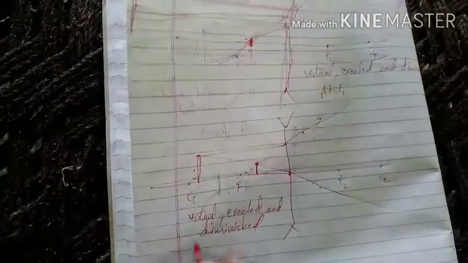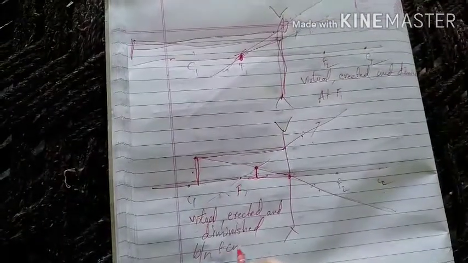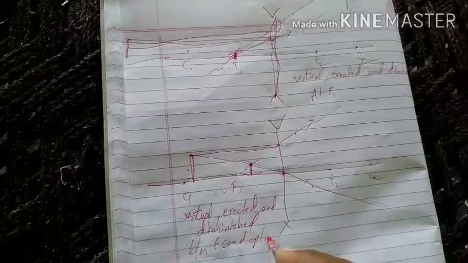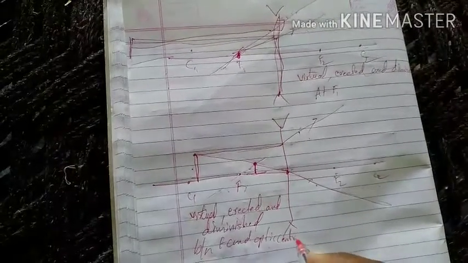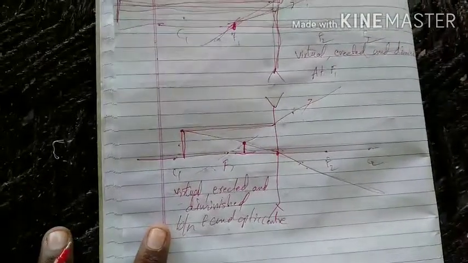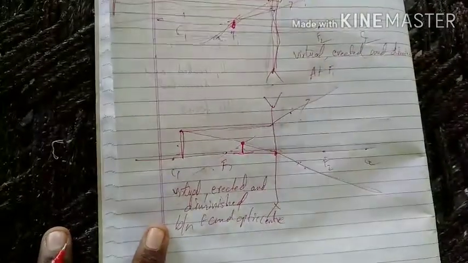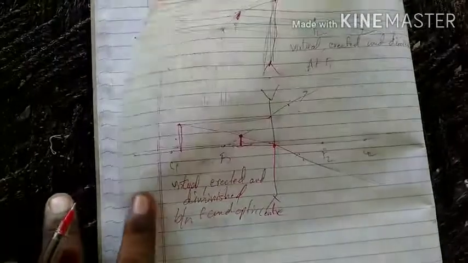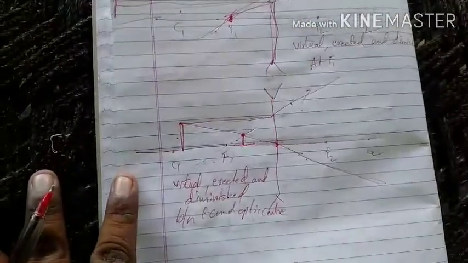And the place is between the focus and the optic center. This is the formation of an image by a concave lens.